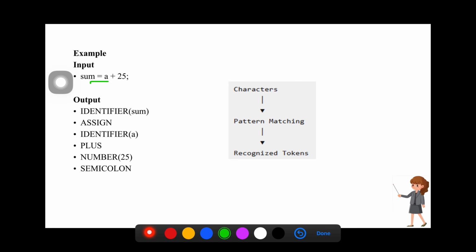Output: identifier is sum, assignment operator is equals, identifier is a, plus is the plus operator, number is 25, semicolon is the semicolon. This is how it works: characters, pattern matching, and again it recognizes the tokens. I hope you guys understood. We'll move on to the next slide.